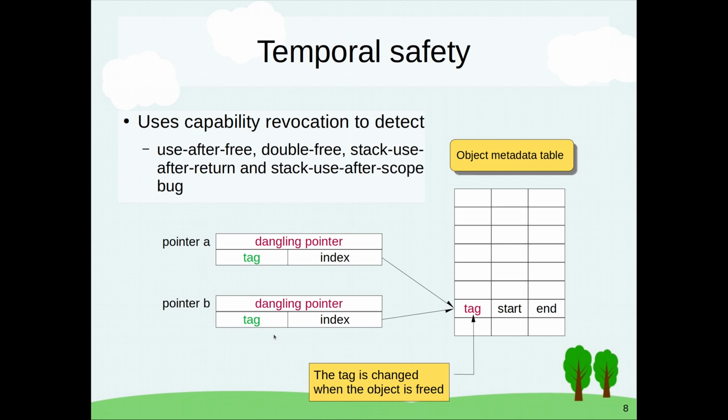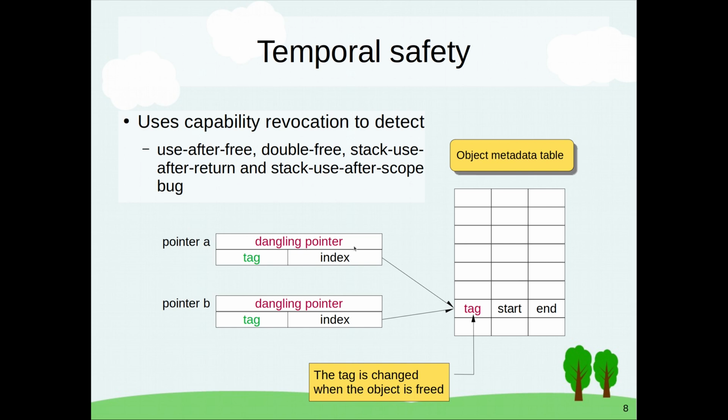When an object is freed, the free function will not only free the object, it will also change the tag in the metadata. Since the tag is changed, the capabilities pointing to this metadata are all revoked. So the capability becomes invalid, and then the pointer becomes a dangling pointer.